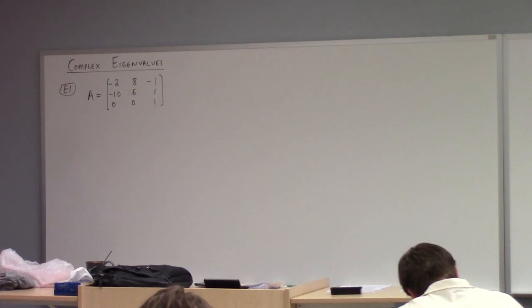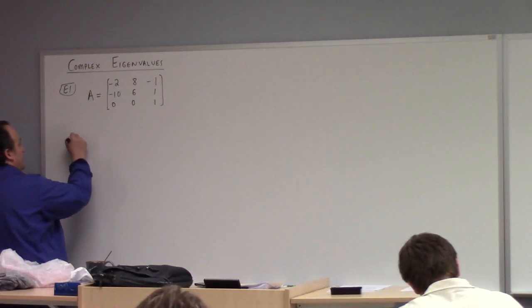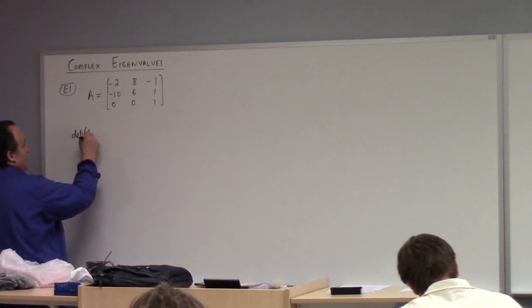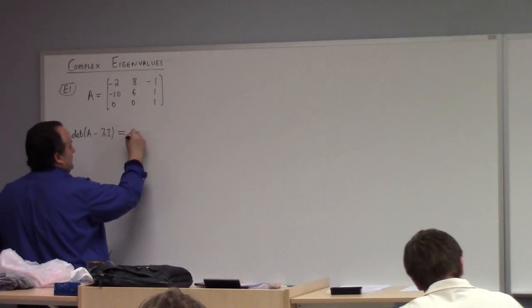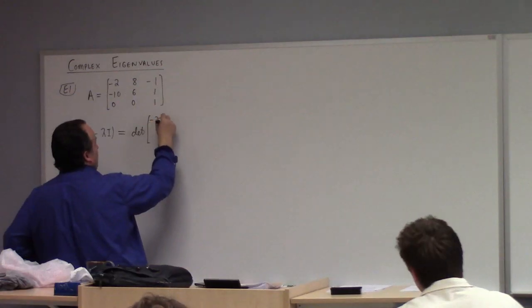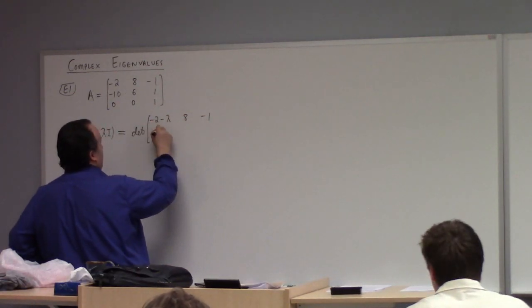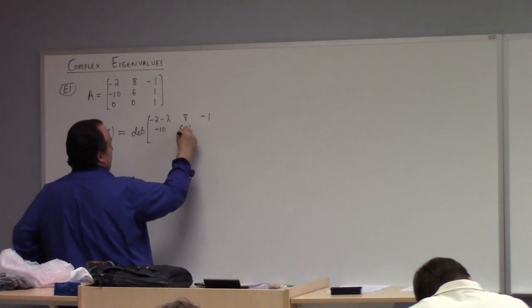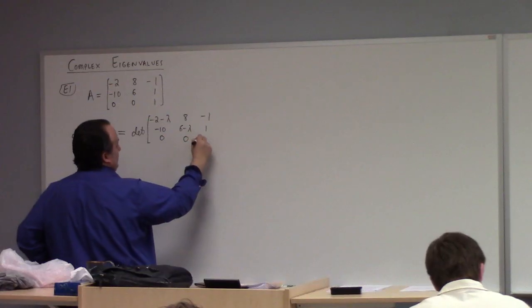Same starting point as usual. We calculate the determinant of A minus lambda I, and that's the determinant of the matrix with rows minus 2 minus lambda, 8, minus 1; minus 10, 6 minus lambda, 1; 0, 0, 1 minus lambda.